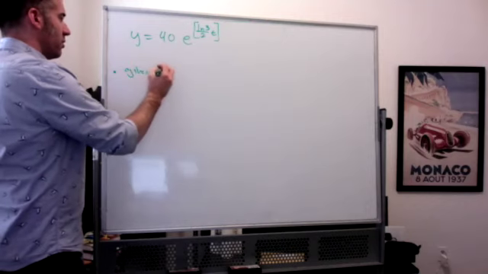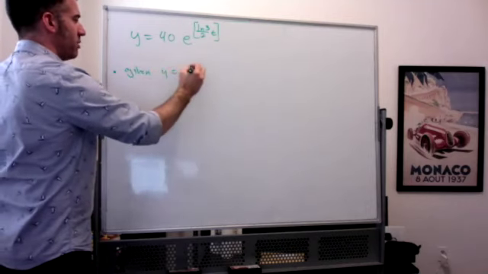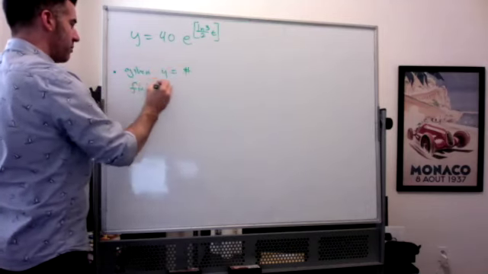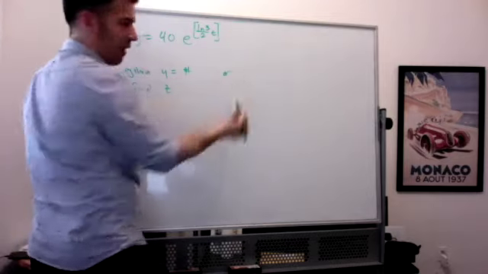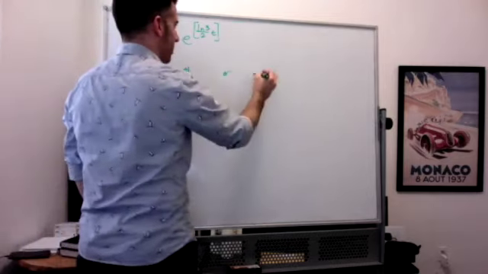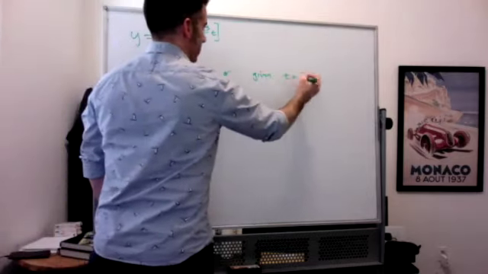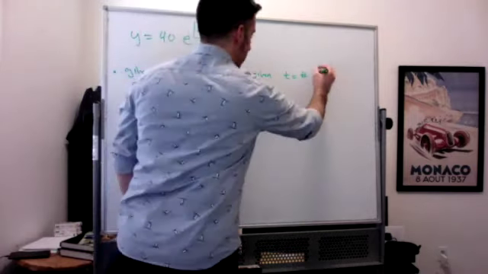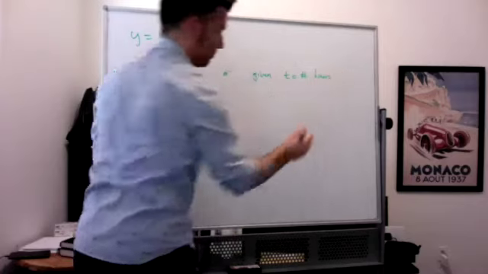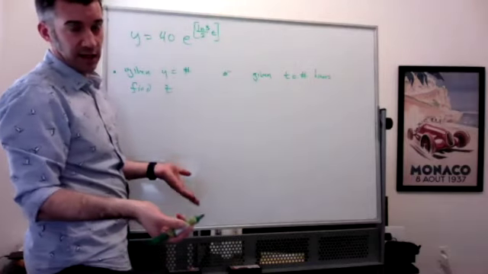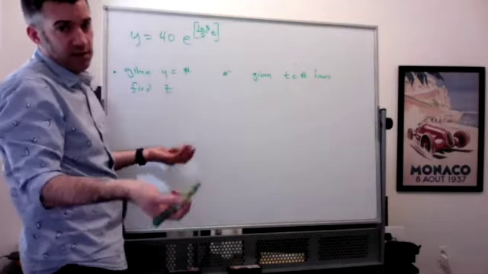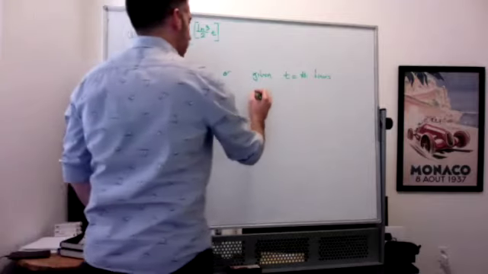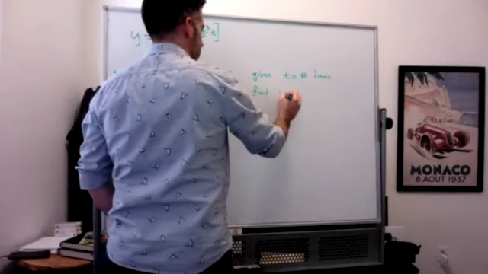Given y equal to a number, find the time, or the opposite. Given time equal to some number of hours, or whatever the units of time are, right? It could be literally anything. Months, days, years, decades, seconds, hours, minutes, whatever unit of time. Find y.